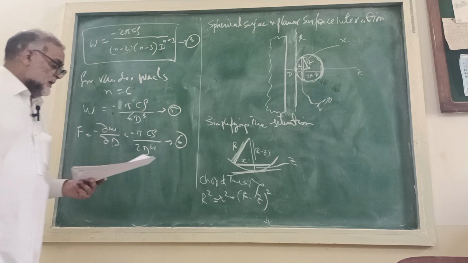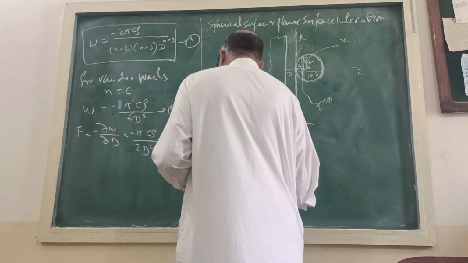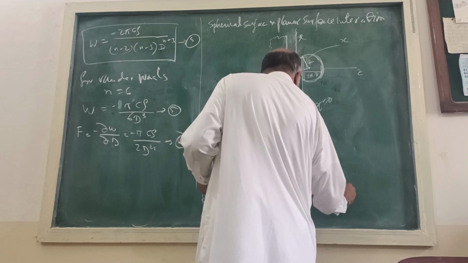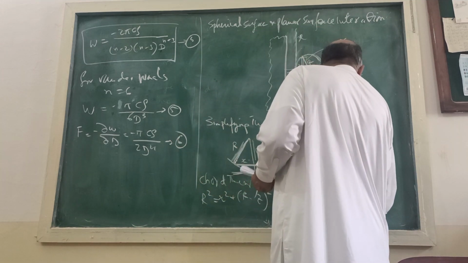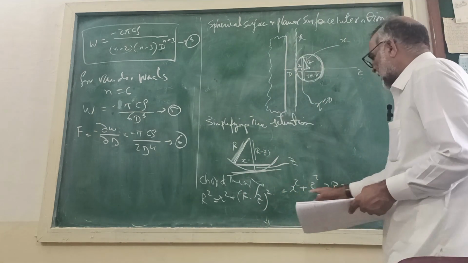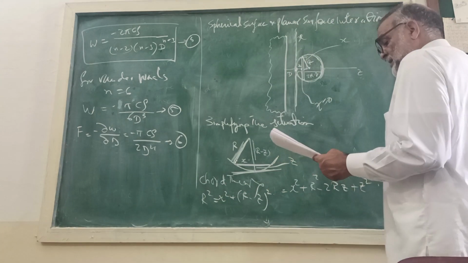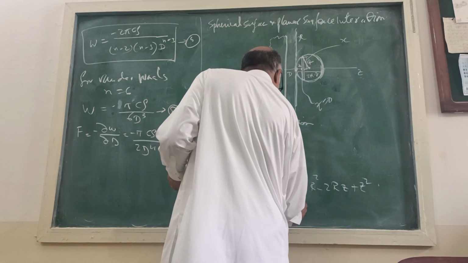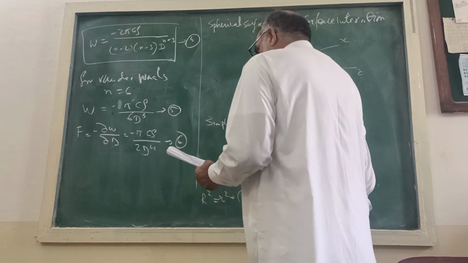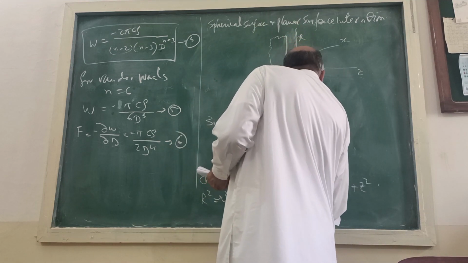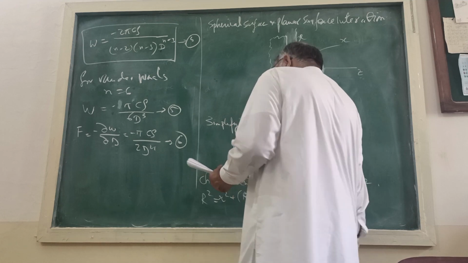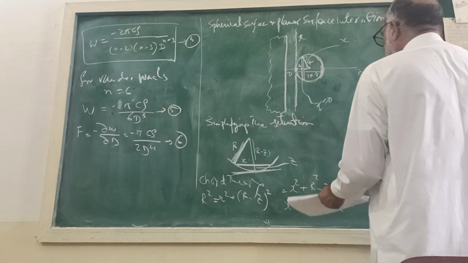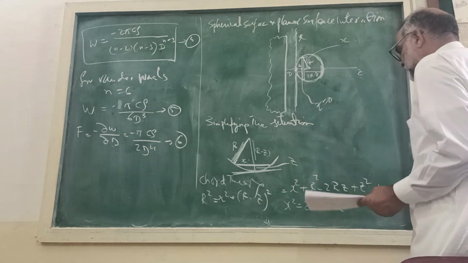This is equal to x square plus R square minus 2Rz plus z square. R square cancels, right? So x square will be equal to 2rz minus z square.